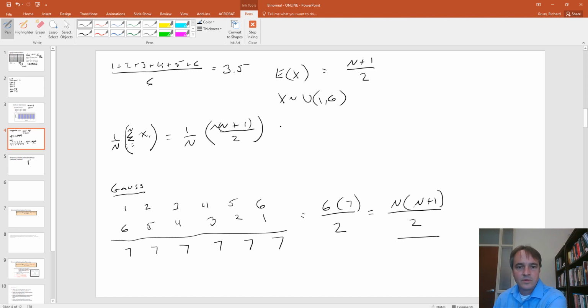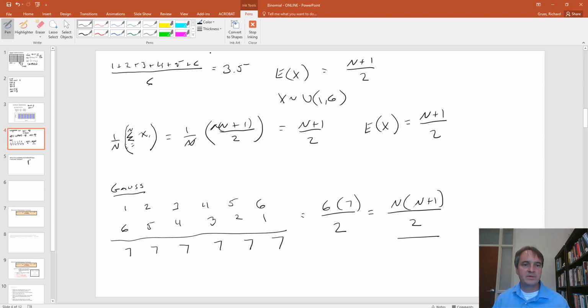So then these n's cancel, and we wind up with n plus 1 over 2. Okay, so the expected value of a uniform discrete distribution is going to be equal to n plus 1 over 2. Okay, that gives us a nice shortcut.